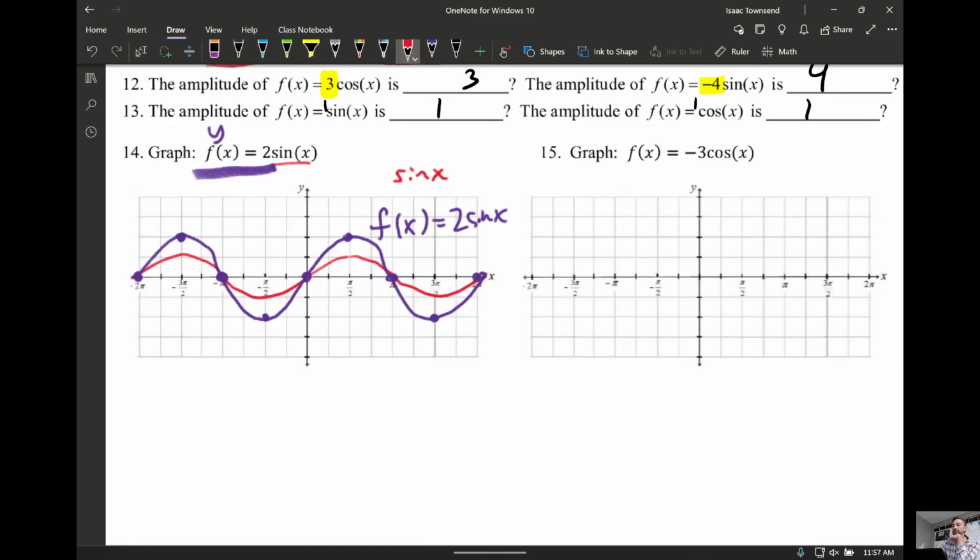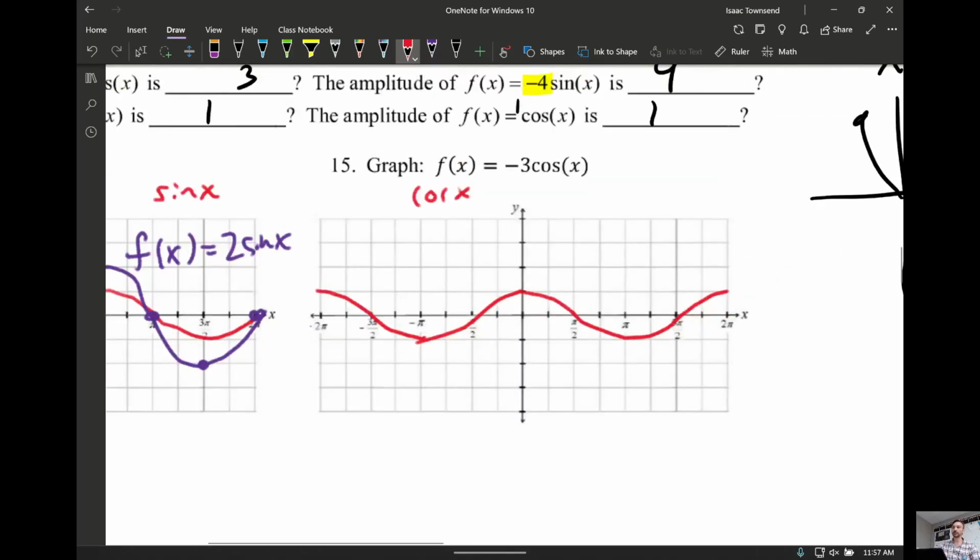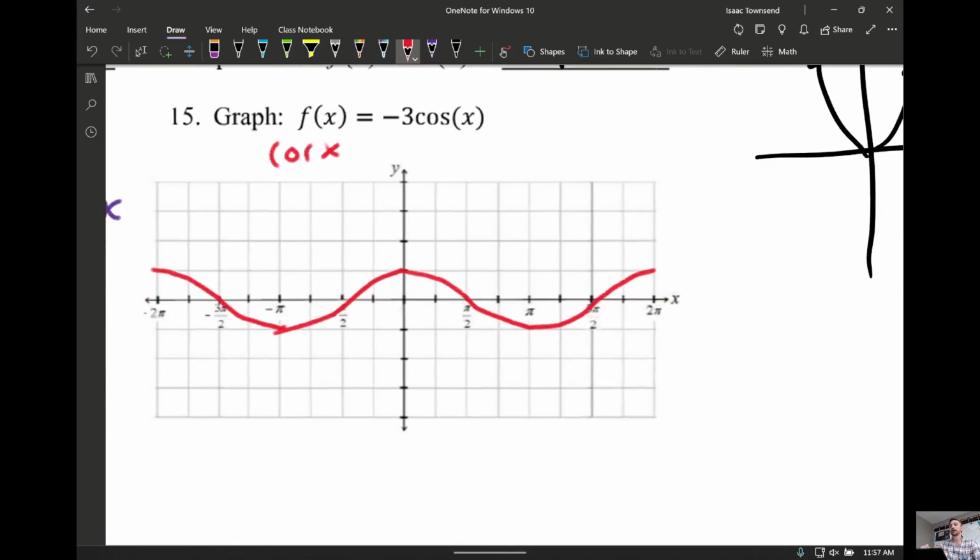I'm going to just quickly sketch in cosine. So after you get some time to practice this, you'll have it memorized. And you'll say, okay, cosine in red looks like that. If I just thought about the 3 cosine x, that's going to multiply all the values by 3.